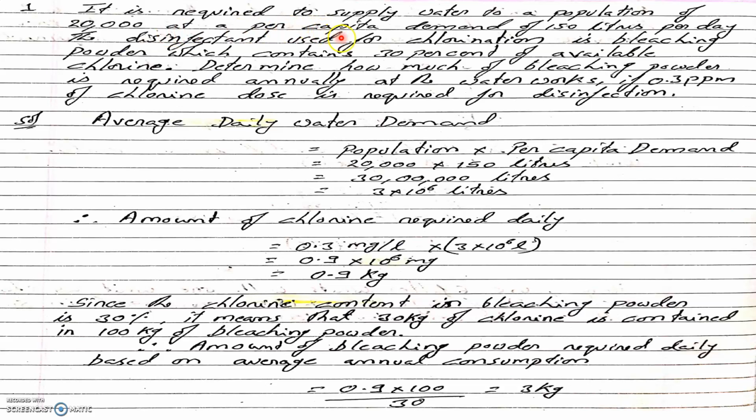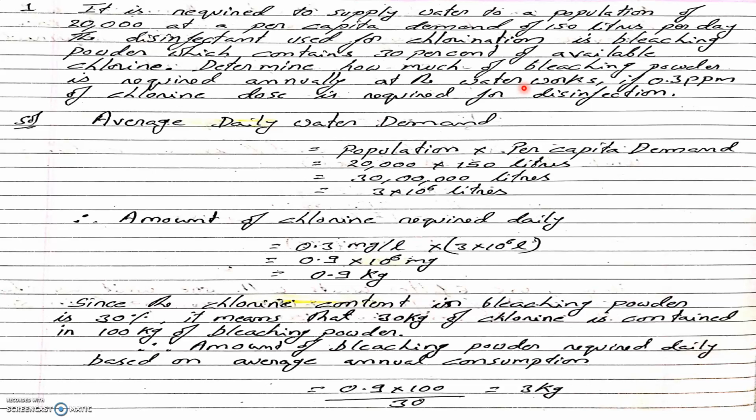The disinfectant used for chlorination is bleaching powder, which contains around 30% available chlorine. Determine how much bleaching powder is required annually at the water works if a 0.3 ppm chlorine dosage is required for disinfection. So you are finding how much bleaching powder is required.